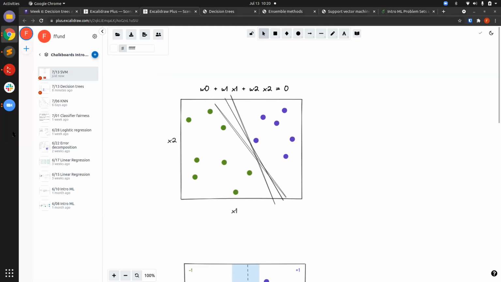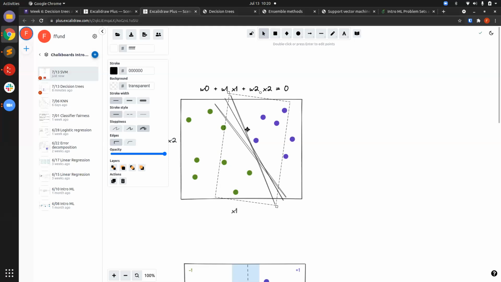Now, when we looked at logistic regression, we found the maximum likelihood classifier. That was a hyperplane that maximizes the probability of these particular observations. For this week, we're going to look at what's called a maximal margin classifier. Now, what does that mean?